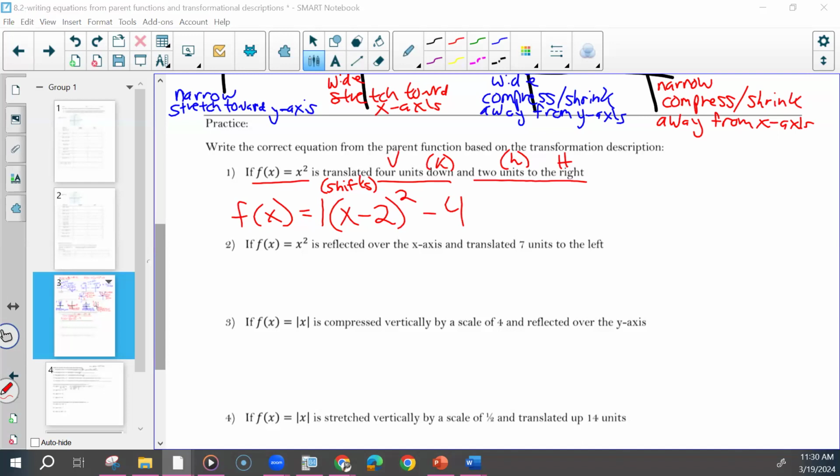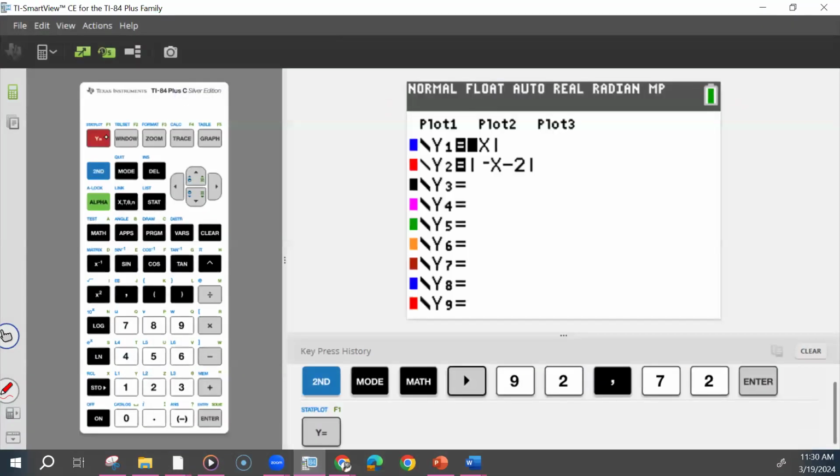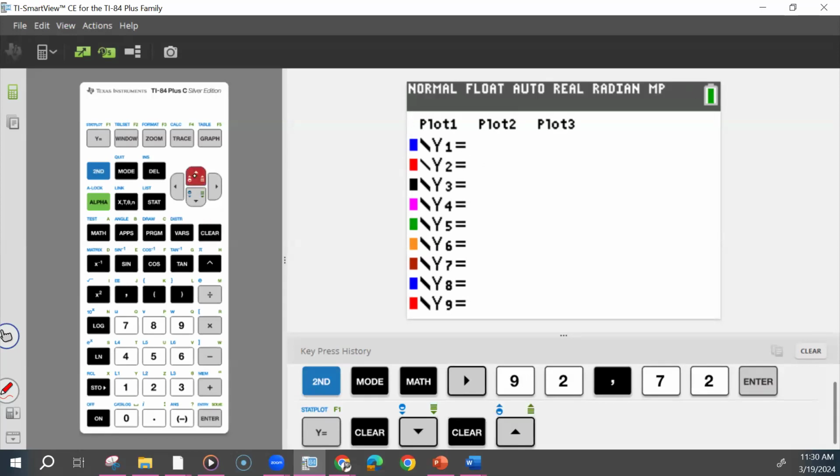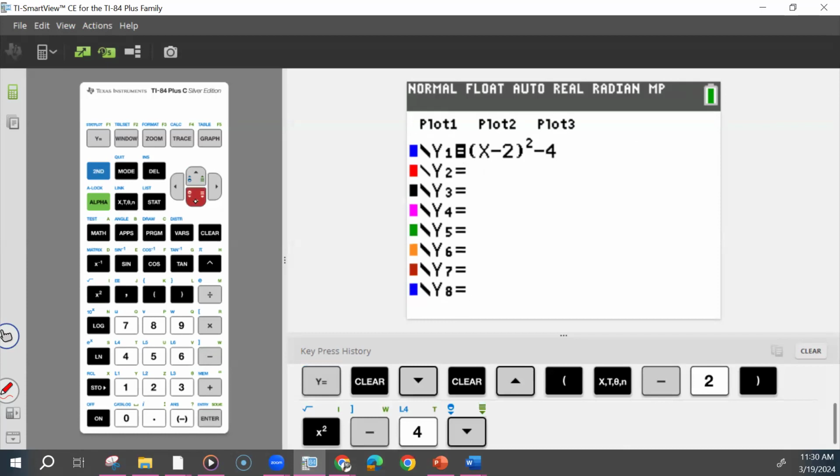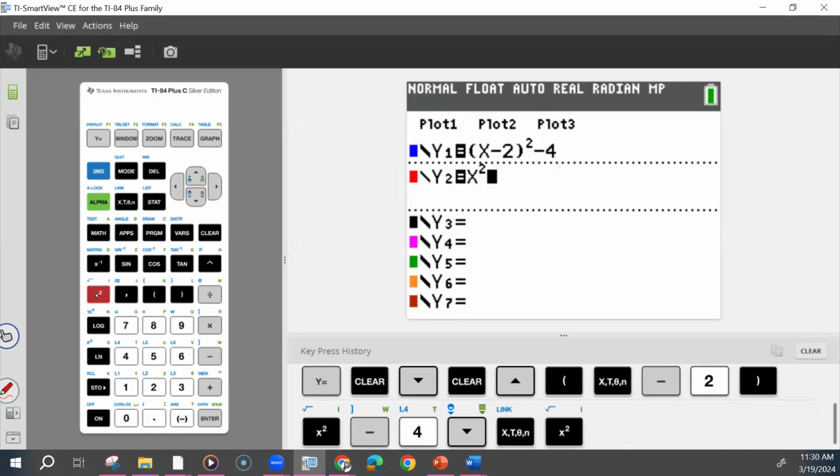So I'll put this in just so we're all on the same page. You can put in the one, you don't need the one. If I go into my graph, I'm also going to put in the original just so we can have something to compare.